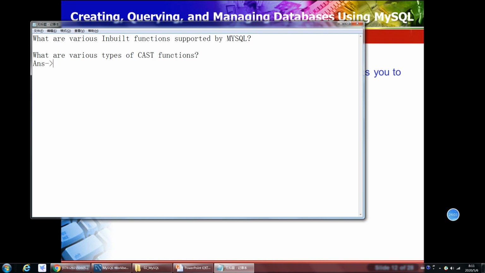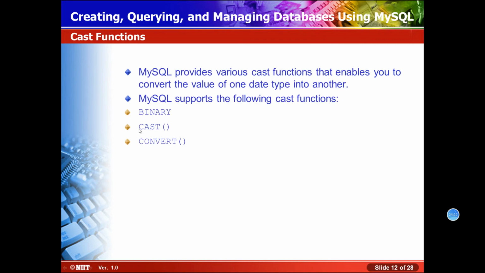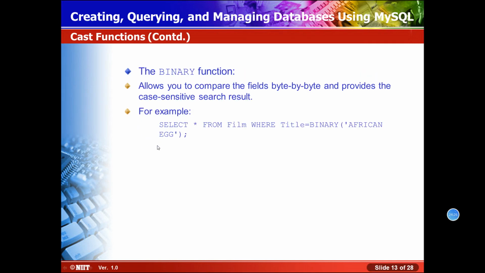Answer is there are 3 types. What are these 3? First is binary, second is cast, and the third is convert. Cast and convert. Okay, as you can see over here. Now let's talk about each of them one by one.